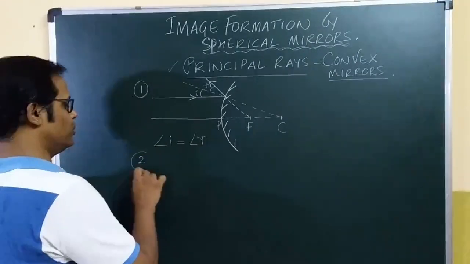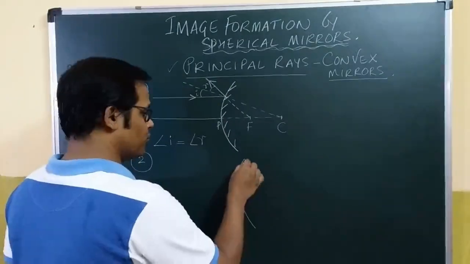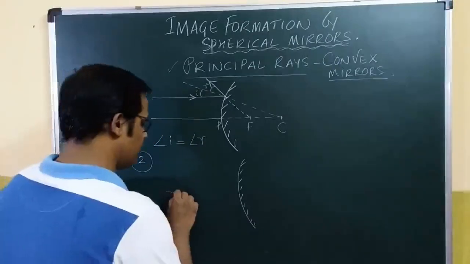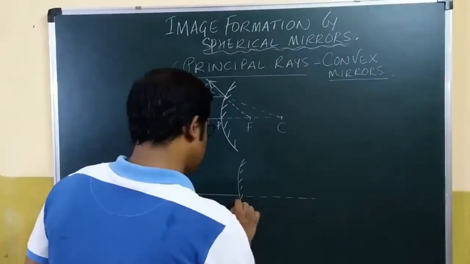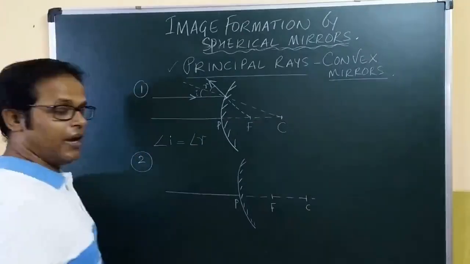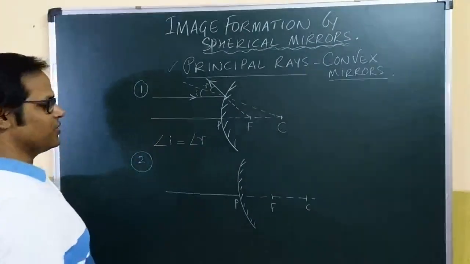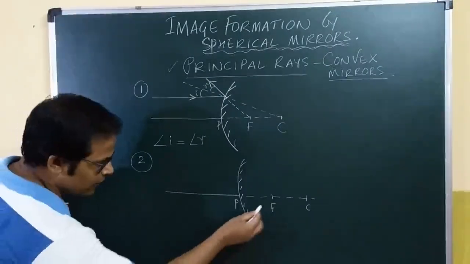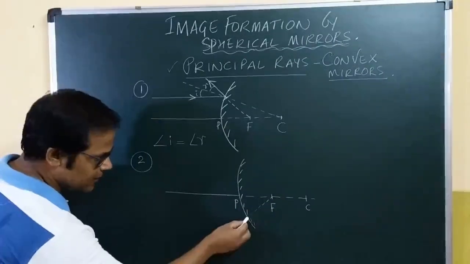Let me show you the second principal ray valid for convex mirrors. I think most of you are already guessing, or maybe have even attempted to draw principal ray number 2, because it's going to be exactly the same as what we did for concave mirrors, which obeyed the principle of reversibility of light. Suppose you imagine a ray of light, you can just make a mark of it, something like this.